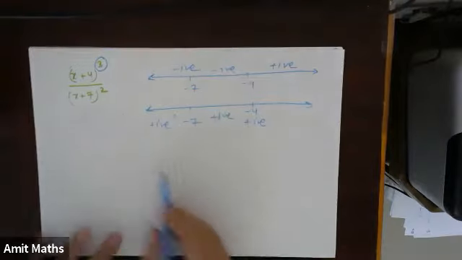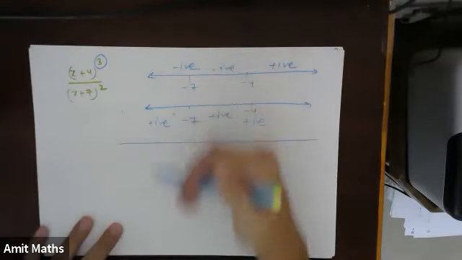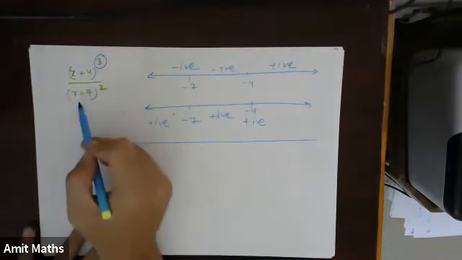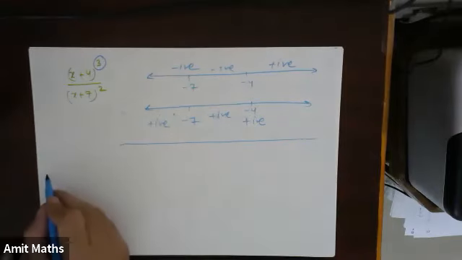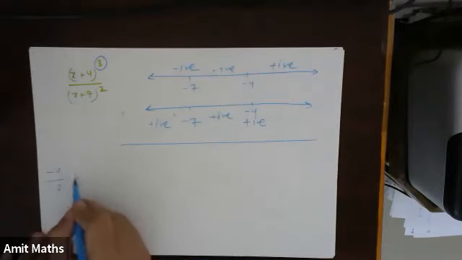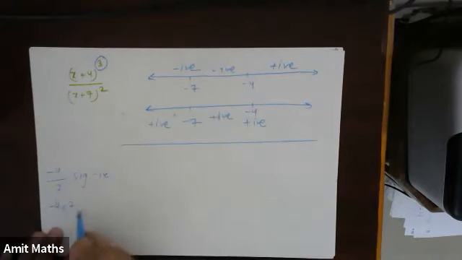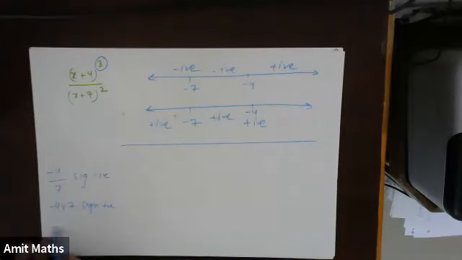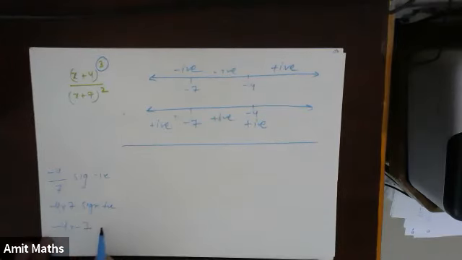Now suppose I multiply or divide both. If I divide minus 4 by 7, the overall sign will be negative, or minus 4 into 7, the sign will again be negative. Suppose I have minus 4 into minus 7, the sign will be positive, or minus 4 by minus 7, the sign will again be positive.